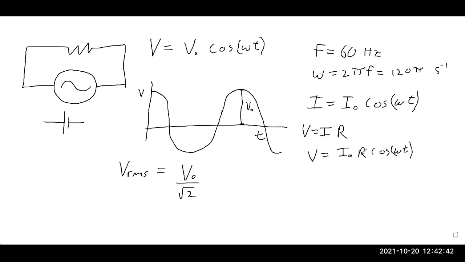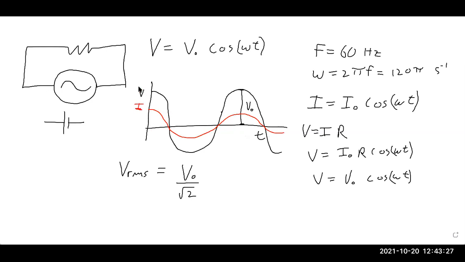And this is just the voltage amplitude. So for our resistor, the current follows along the same pattern as the voltage.